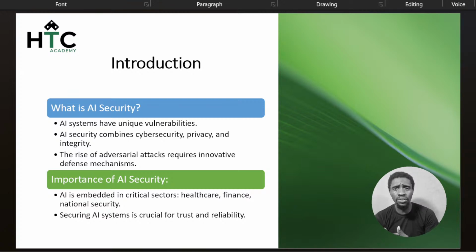If AI systems are not secured, the data used to train them, or the data currently being used within the health sector, the finance sector, and other sectors, could cause identity theft and other security challenges to an individual, to a company, and also to a nation.